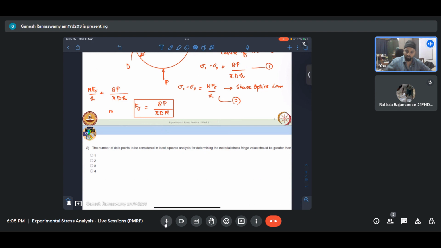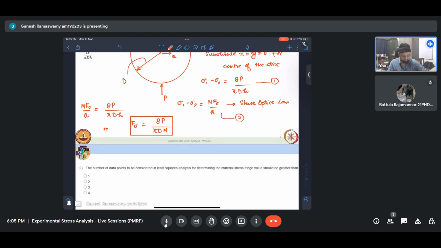So what I would do is load the disk. I keep increasing this P, and I will note the fringe order. Where will I note it? Because this entire expression has been derived at the center of the disk. So I'll keep on noting N, and then I can plot P versus N and get the slope, using some least squares fit or some type of regression.